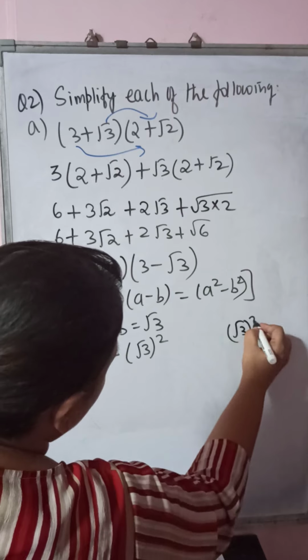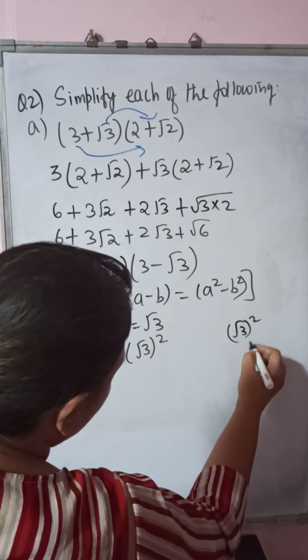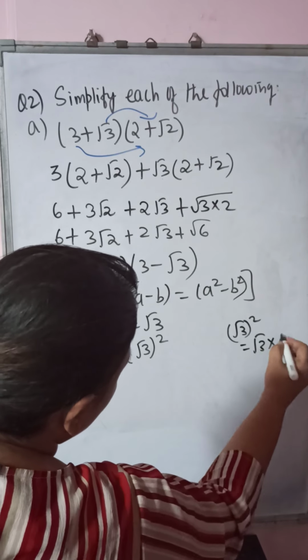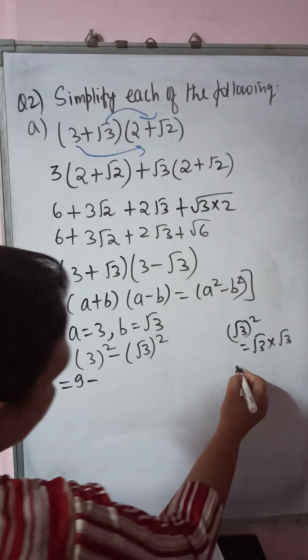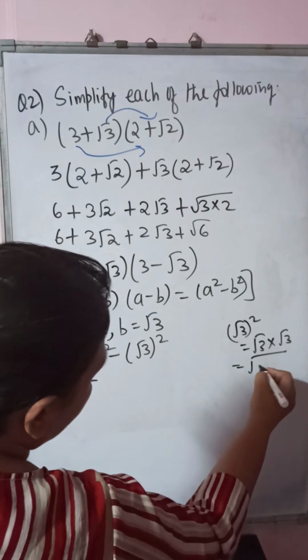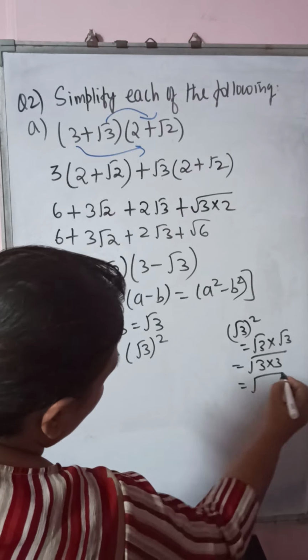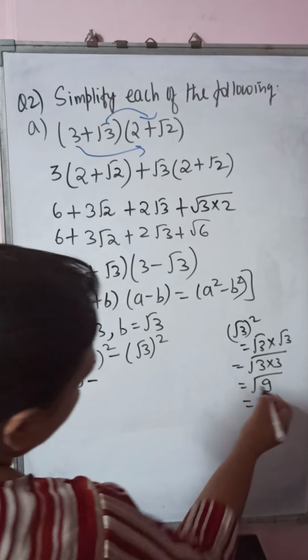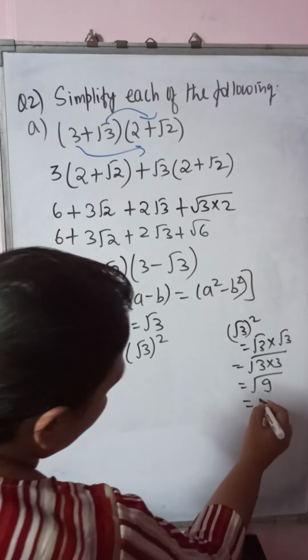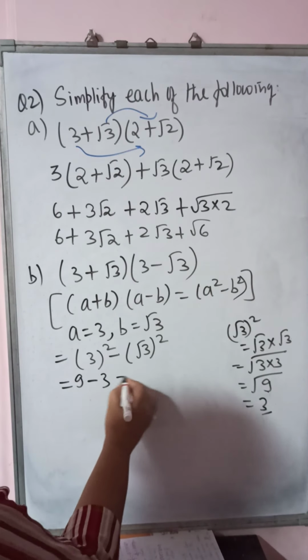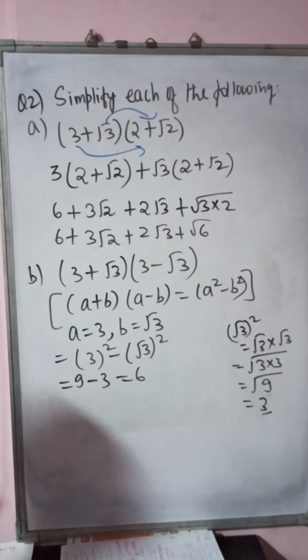What is the value of root 3 square? Root 3 square means root 3 into root 3. So take the root common and multiply 3 into 3, which is root 9. Now what is root 9? 9 is the square of 3, so root 9 is 3. So you get 9 minus 3, 6. So this is done.